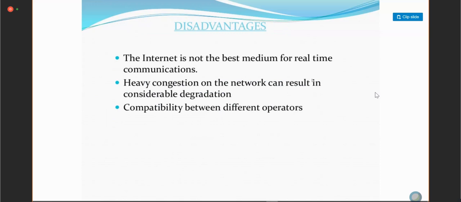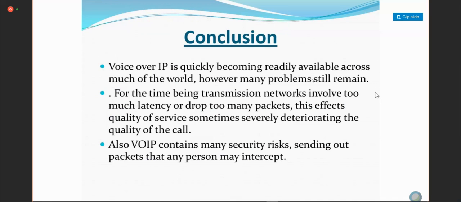The disadvantage is that the internet is not the best medium for real-time communications. Heavy congestion on the internet can result in considerable degradation, and there are compatibility issues between different operators. Conclusion: these are the fundamentals of your VoIP network.